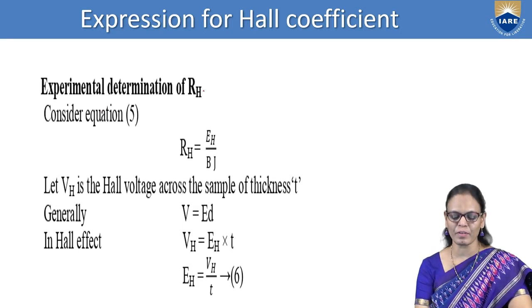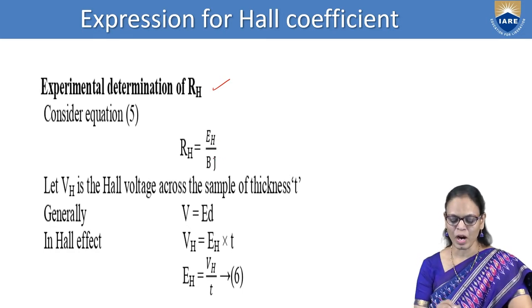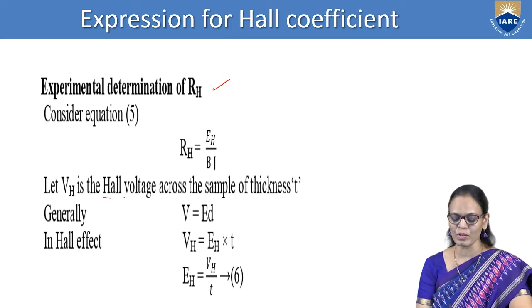Now how to determine the value of RH? RH is equal to EH upon BJ. Now how do we substitute for VH? Let VH be the Hall voltage.